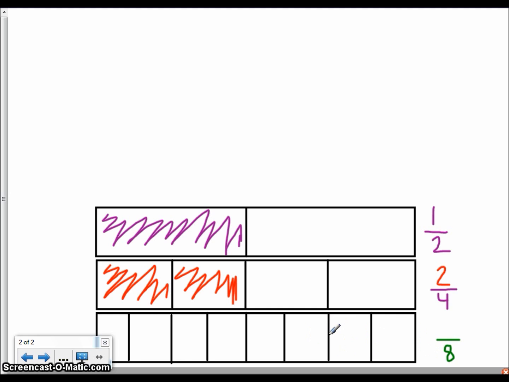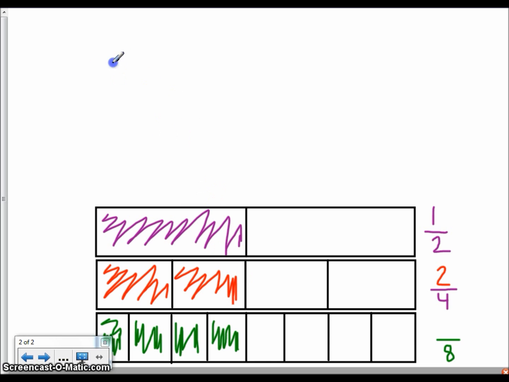How can I represent half of a candy bar when my denominator is in eighths? That's right. I'm going to eat 4 of the eighths. If I eat 4/8 of the candy bar, it's the same thing as eating 1/2 or 2/4.